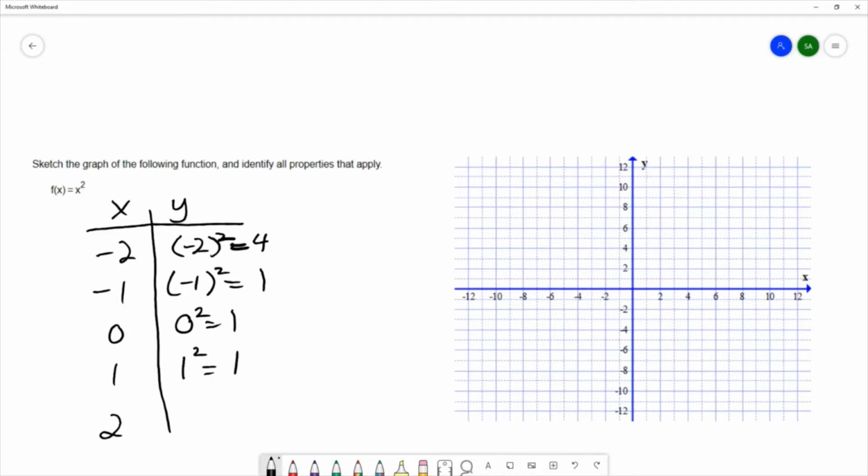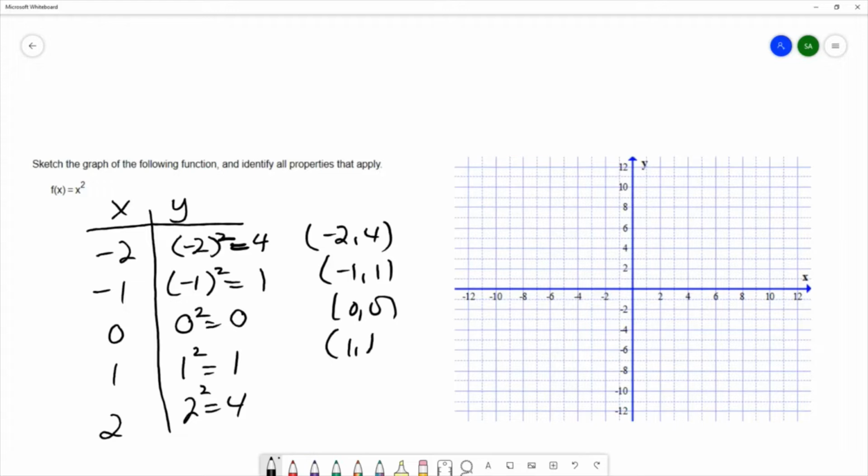Let me back up because 0 squared is not 1. 0 squared is 0. 2 squared is 4. And this gives me a set of ordered pairs that I can plot to sketch my graph out. So we have -2, 4, -1, 1, 0, 0, 1, 1, and 2, 4.